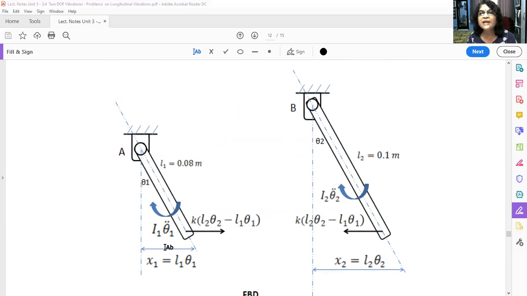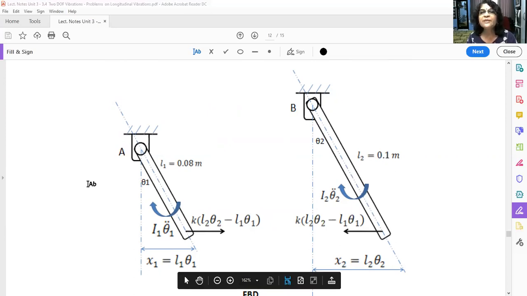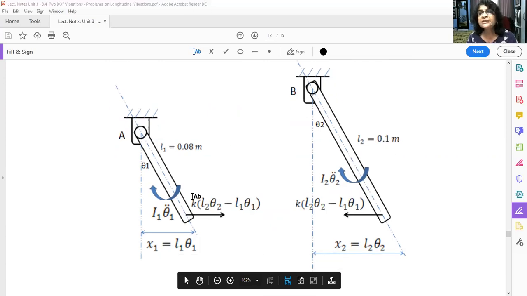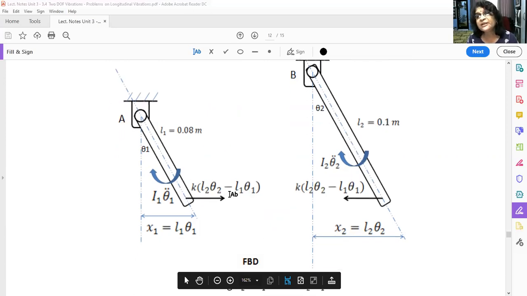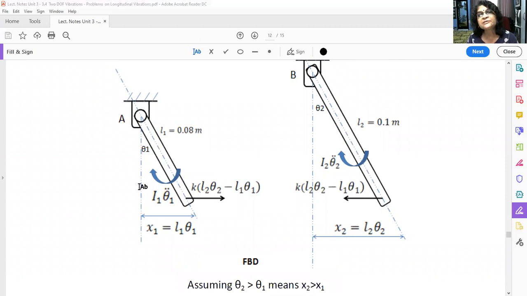In the anti-clockwise direction, so it will be negative. And what is its magnitude? The force is K into L2 θ2 minus L1 θ1, into the perpendicular distance. So what is this distance? L1 cos θ1. And as you know, θ1 is very small, so the distance is simply L1.